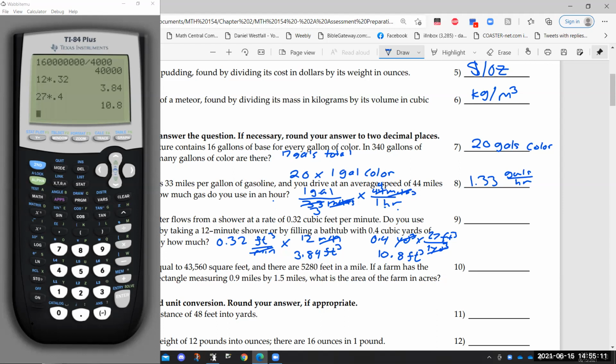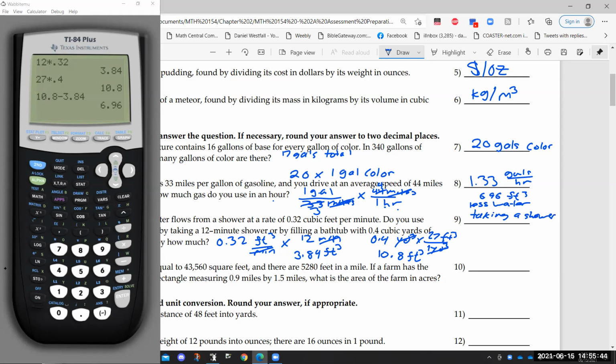Well, we use 10.8 minus 3.84. We use 6.96 cubic feet less water taking a shower.